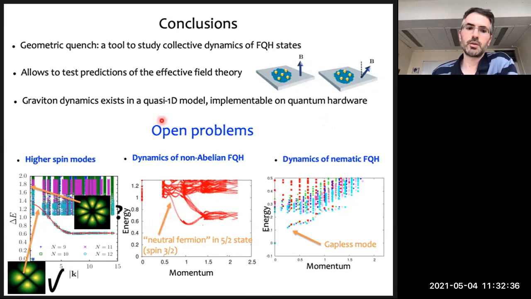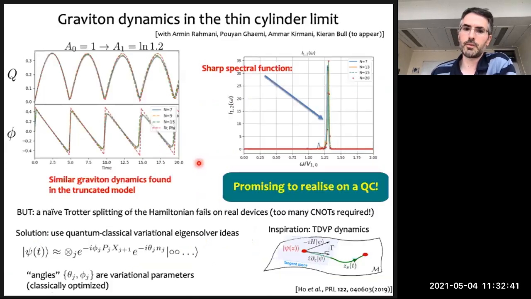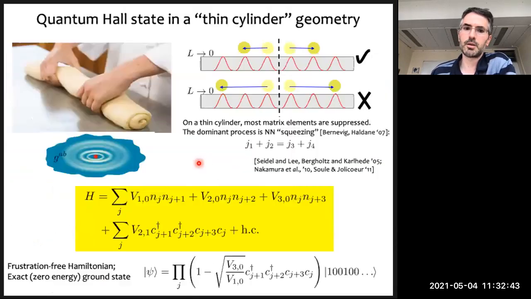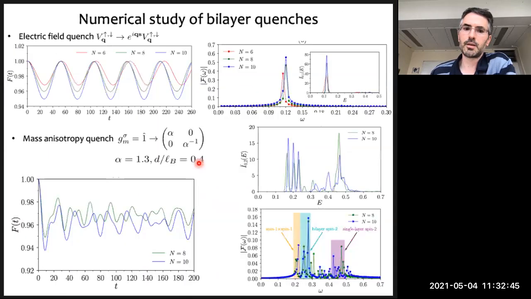It's similar to the bilayer case, where, if you look at the spectral function, I didn't show it, but this is the spectral function for the bilayer, where there's a bilayer spin 2, and then you also have the spin 1 cross spin 1, and they have two distinct peaks. So I think something similar is going to happen also in the single layer with spin 2 and spin 4.